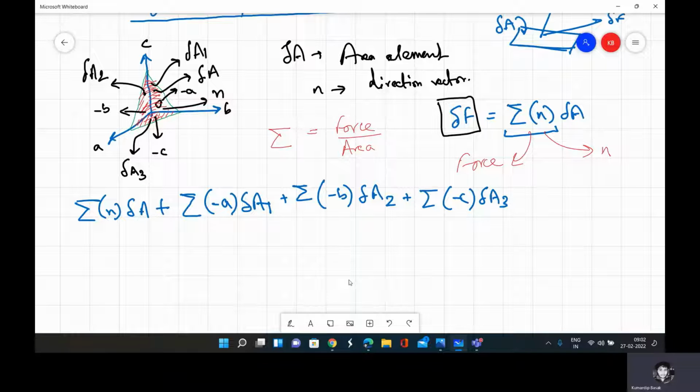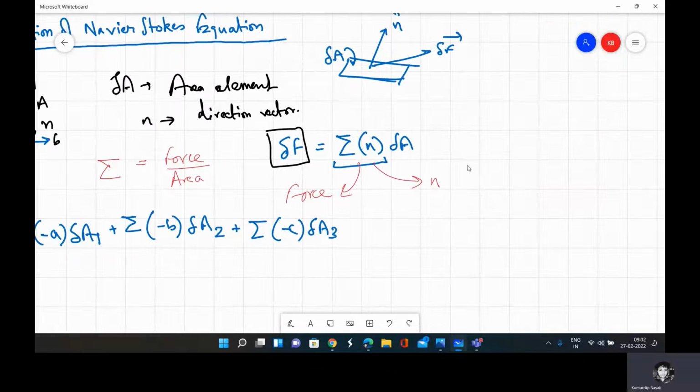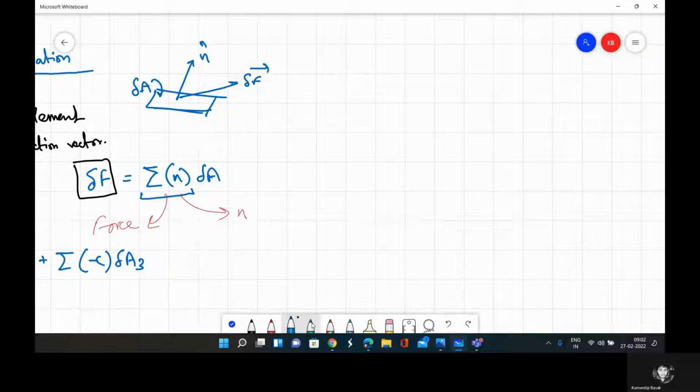Now let's understand a different fact about this surface force. Let's consider this is a surface and this is the area normal to that. Consider these sides as A and B. So what are the forces? Let's say some fluid particles are right here, and some fluid particles are right here.